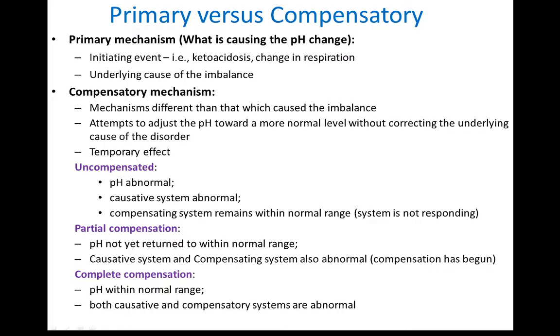Partial compensation means that the causative system and the compensating system are abnormal, but the pH is not quite normal yet. And uncompensated means the pH is abnormal, the causative system is abnormal, and there's no change in the compensating system, so it doesn't seem to be responding. That number remains normal.